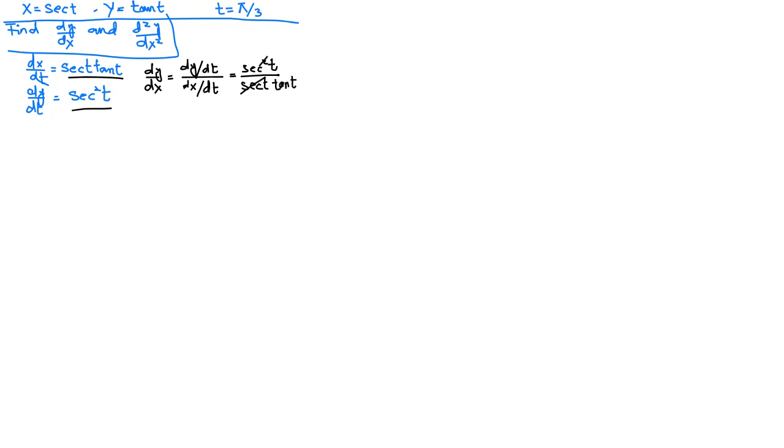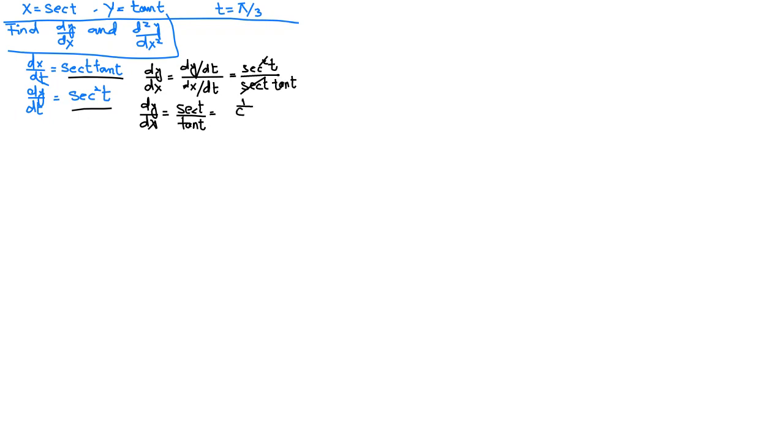One secant and one secant cancel. So dy over dx is equal to what? Secant divided by tangent. So secant divided by tangent means, secant means what?